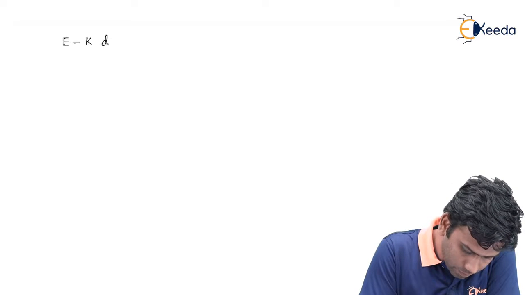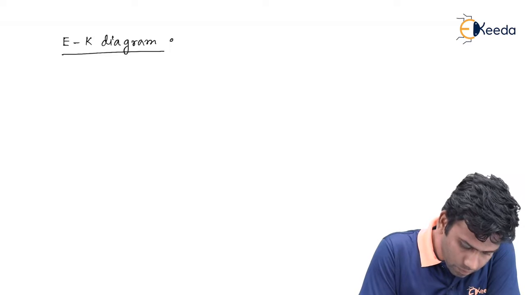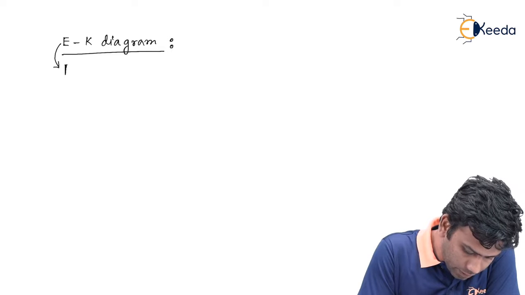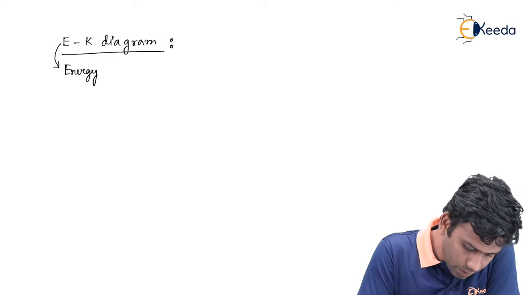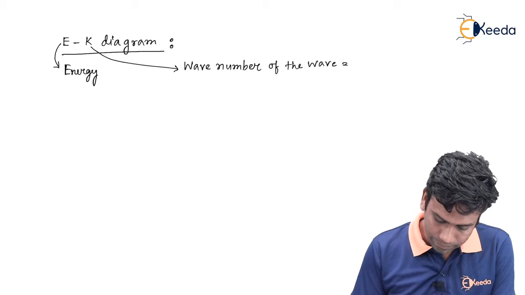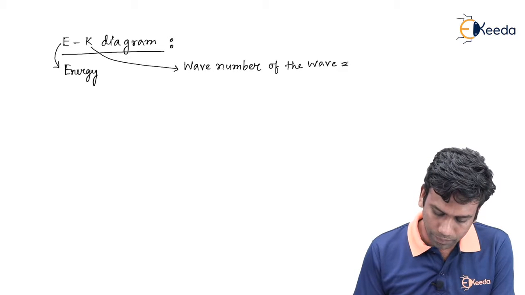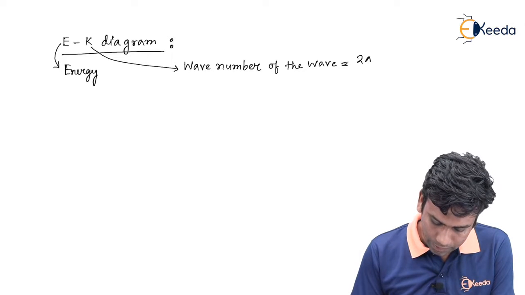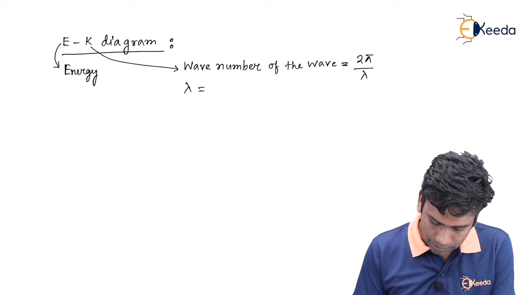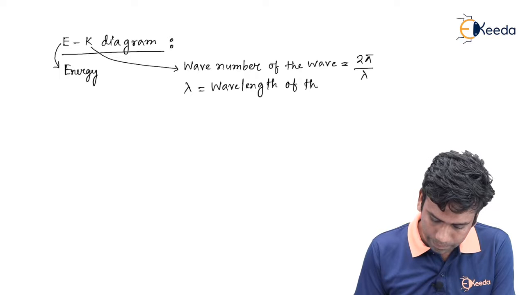So E-k diagram means E stands for energy, and k is the wave number of the wave, so k equals 2 pi by lambda, and this lambda is the wavelength of the wave.